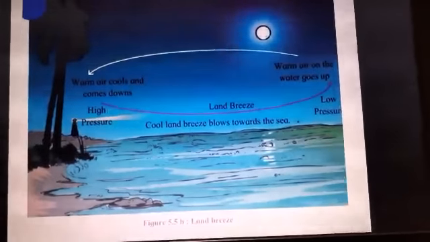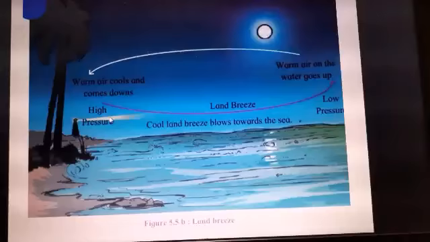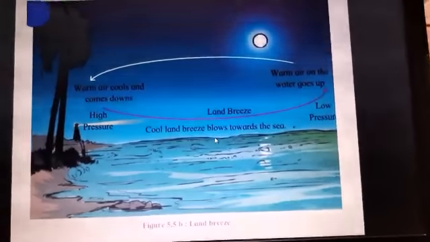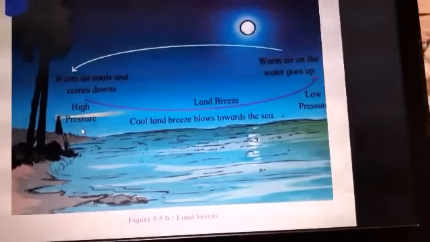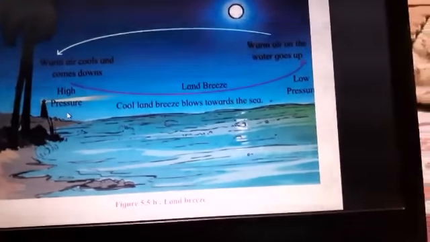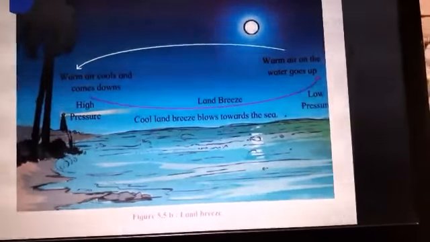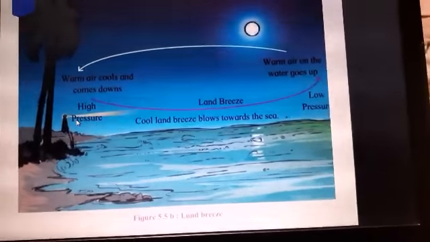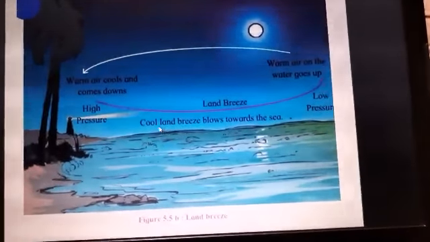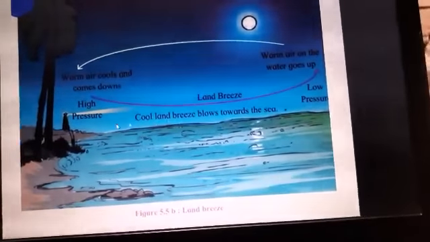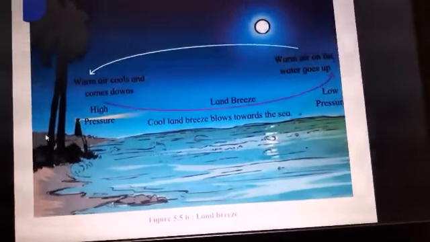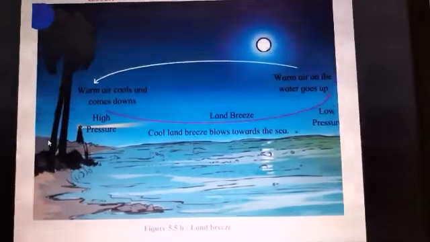So these breezes are named the land breezes. Understood? Land breezes are blowing in the night time, because the air blows from the land towards the sea. Cool land breeze blows towards the sea. Why? Because the land gets cooled down quickly after the sun sets.